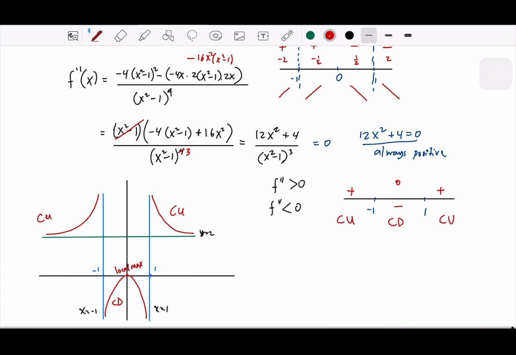So it has no inflection point. It has an asymptote where the concavity changes, but it's not an inflection point. It's an asymptote.